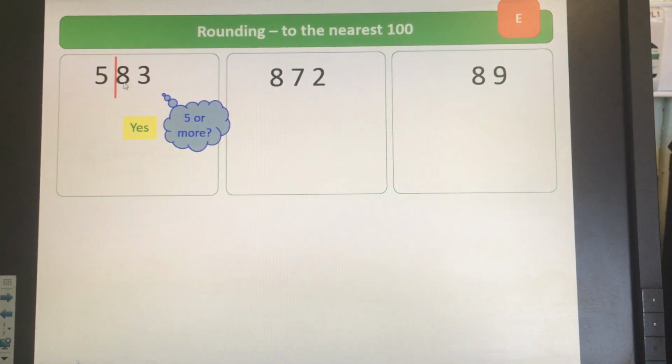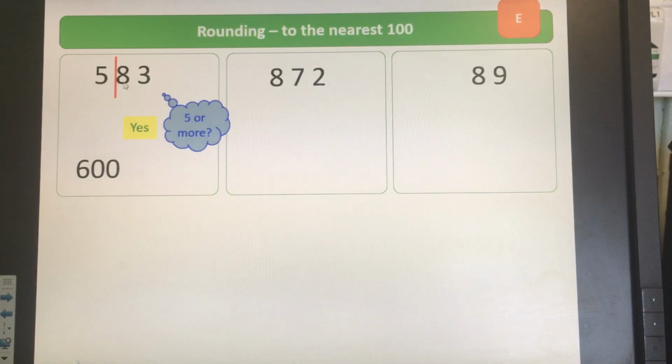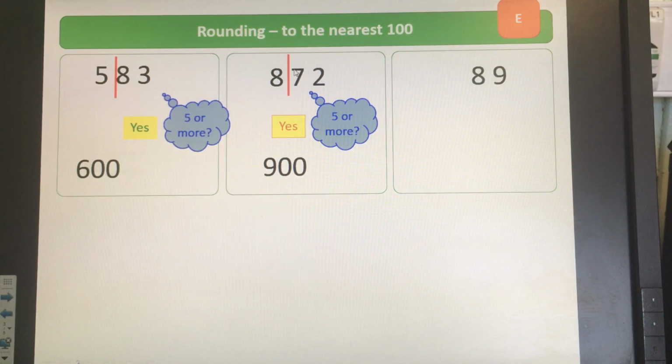Yes, that means we round up to the next 100, which is 600. So 872. Again, we're going to use the tens column to decide if we're going to round up or down to the nearest 100. Is it 5 or more? Yes. So we round up to the next 100, which is 900.